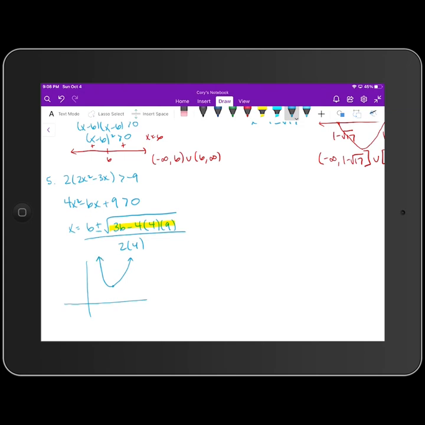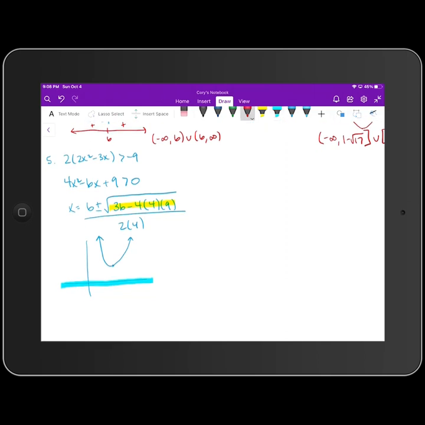Okay, so graphically you're going to have something that looks like so. Well, when is that graph greater than 0? So if we're trying to find where that graph is greater than 0, we're looking for where that graph lies above the x-axis. And that graph always lies above the x-axis. So the interval for which this is a solution is going to be for all real numbers.